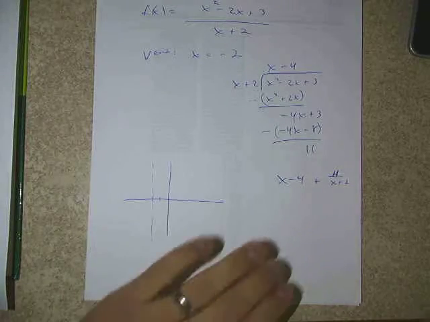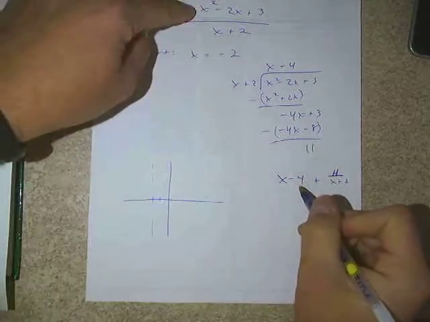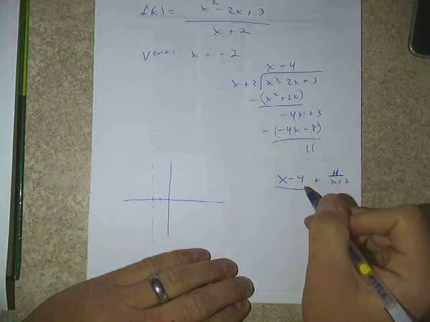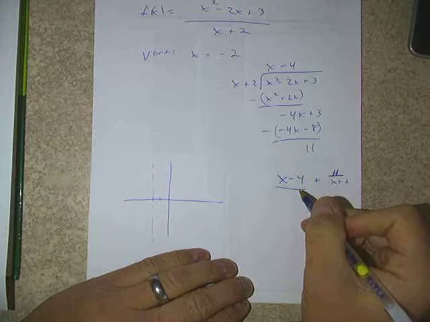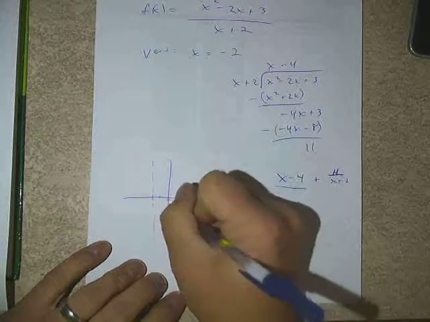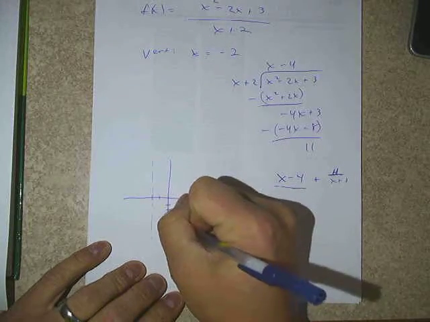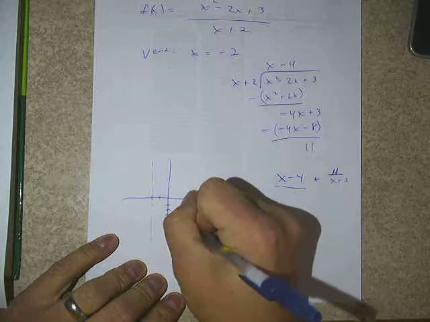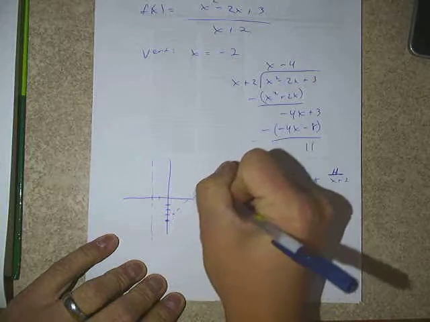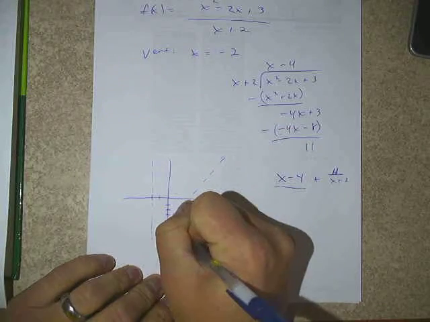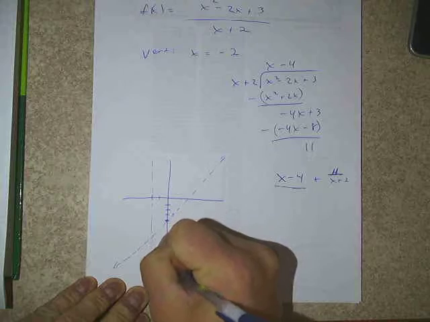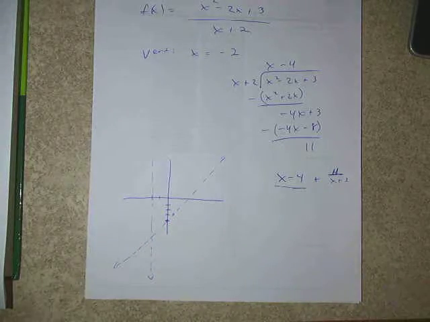Now, similarly to what we did earlier when we had a horizontal asymptote, that means that if this function behaves like this quotient right here, that right there is a line, isn't it? It's not a horizontal line, but it's still a line. And if we were able to graph it, which we certainly can, it's going to have a slope of 1 and a y-intercept of -4. That line that we graph right there is also an asymptote for this function.